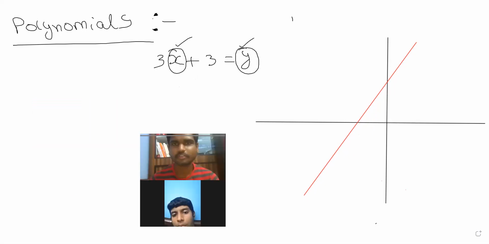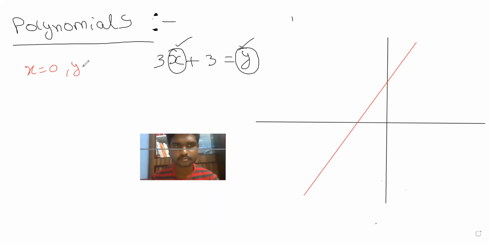Why do I get a line? Because I will plot: when x equals 0, what is the value of y? When x is 0, the value of y is 3. So one point is (0, 3).